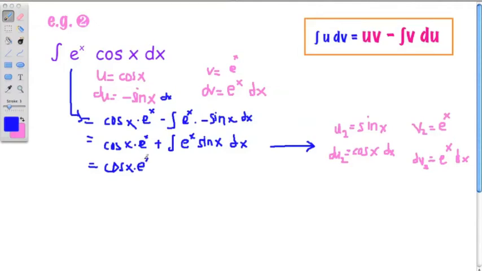And then we continue to put it in the formula. So we will get sin x times e to the power of x minus the integral of e to the power of x cos x dx.